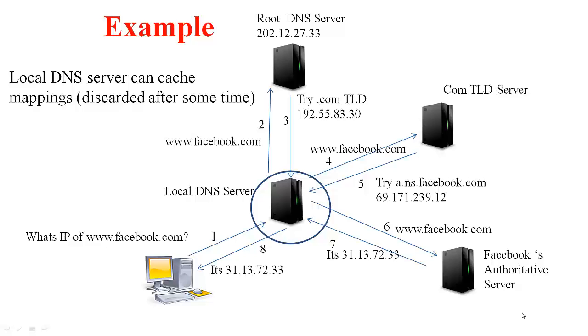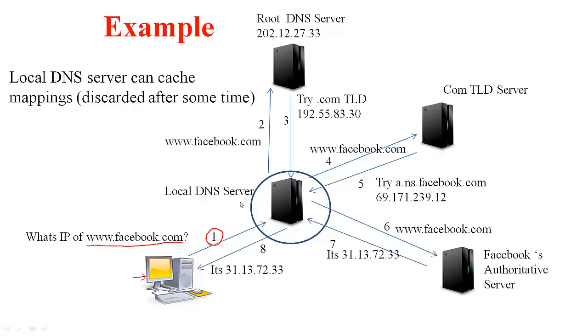So here is the host which wants to find out what is the IP address of this particular host name. So what it does first, it is going to contact its local DNS server. So this is indicated by this message 1, wherein it will ask what is the IP address of www.facebook.com. Now this local DNS server is configured with the IP addresses of the root DNS server.